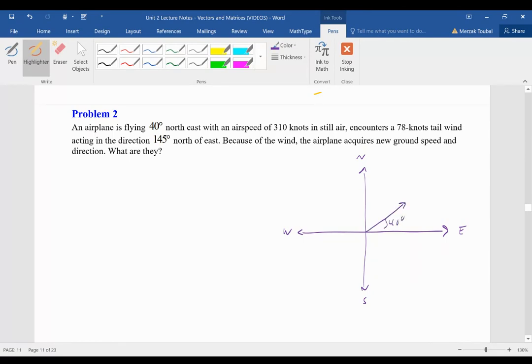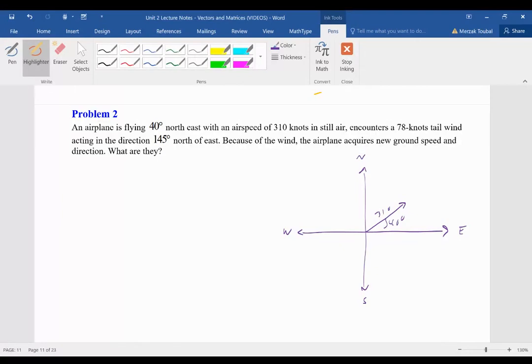So this is the airplane. The airplane is flying 40 degrees northeast with an airspeed of 310 knots. That's the magnitude, the speed of the airplane. This is in still air.